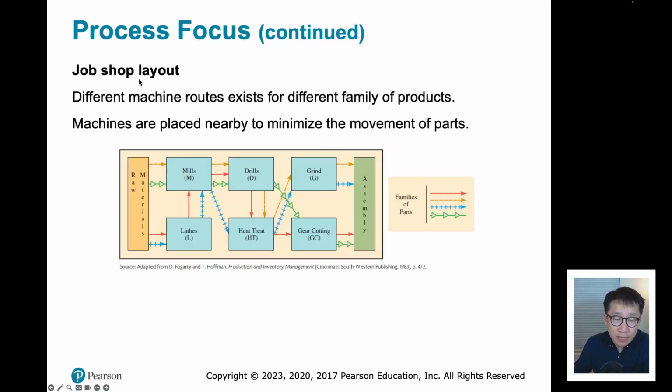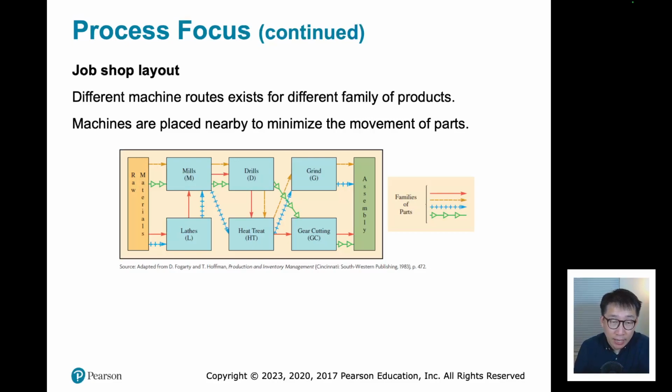This is another very common example, I should say something very common in a manufacturing context, where you rely on a job shop to make very different machines. But each machine is very, very different, and you are also not making a lot of machines every day. So this is where process focus is being utilized.